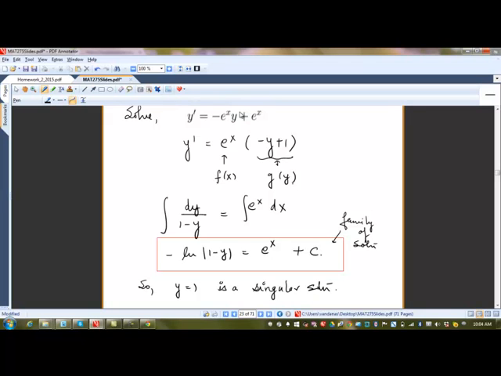Derivative 0 means constant, right? So y equals 1 is a constant solution of this problem. So if I give an initial condition anywhere on that whole line, so basically if I start anywhere, let me put it here only.